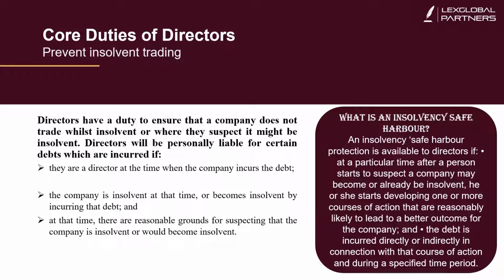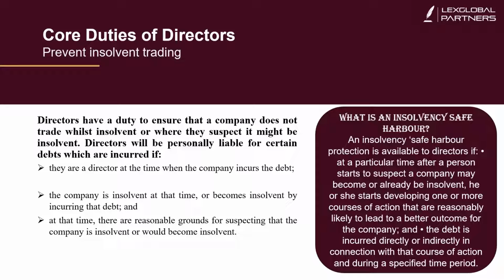In law there are always objective tests, and the court will determine whether any reasonable director in the place of those directors would have suspected or understood that the company is insolvent. There are clear examples, such as the company not being able to pay its debts, that show the company should have stopped trading.